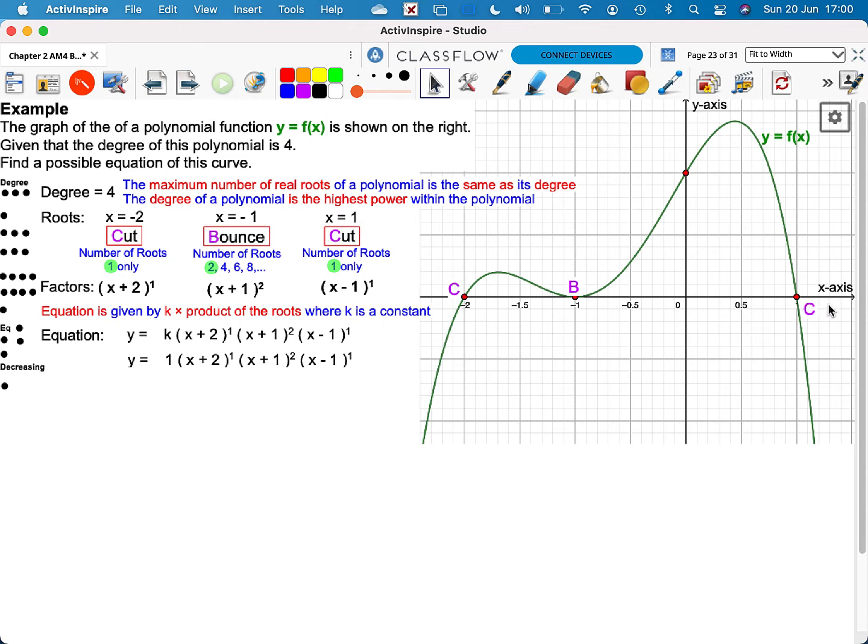Another way of looking at it is this: as x keeps going, x is positive, what's the value of y? The value of y will be a negative value. Hence, we can put in here that it's a minus. If you remember, a decreasing polynomial at the end is a minus, and an increasing polynomial at the end is positive.